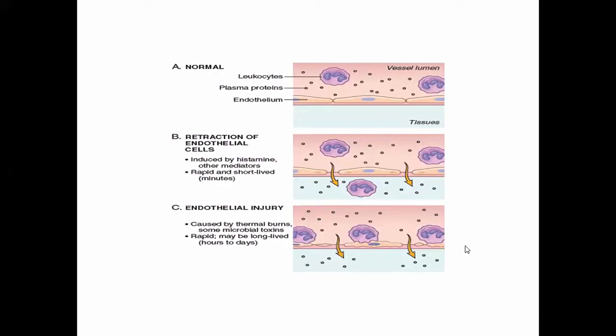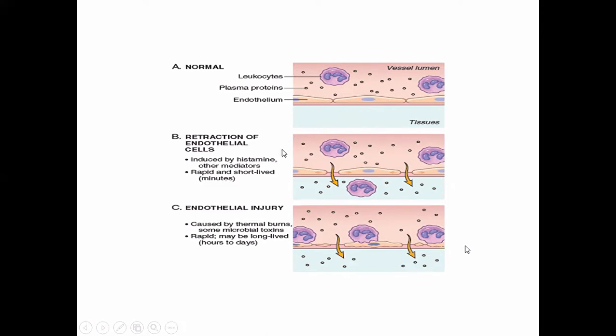So this is a picture of the principal mechanisms of increased vascular permeability in inflammation, and their features and underlying causes. Normally, the leukocytes are located inside the lumen of the blood vessels, also the plasma proteins. So these are the lining of the blood vessels, which are the endothelial cells.